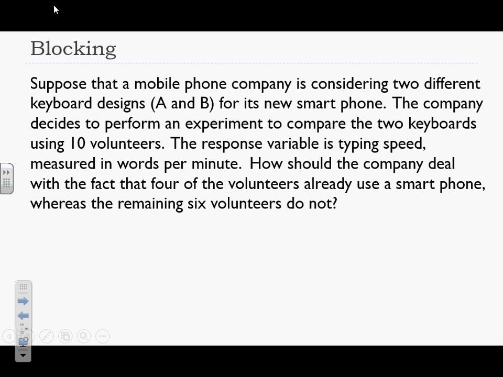Now again, because experiments are kind of a special thing, we're basically renaming stratifying as blocking. So blocking is stratifying. The only difference is we call it stratifying if it's a sample survey. We call it blocking if it's an experiment, and that's important that you distinguish between the 2 there. So that is something I would definitely write down here. Blocking is stratifying in an experiment.